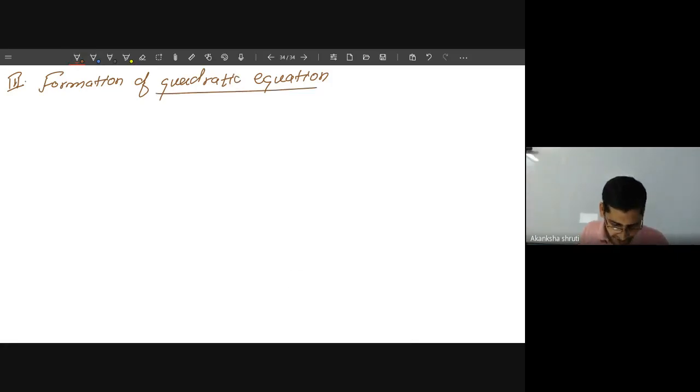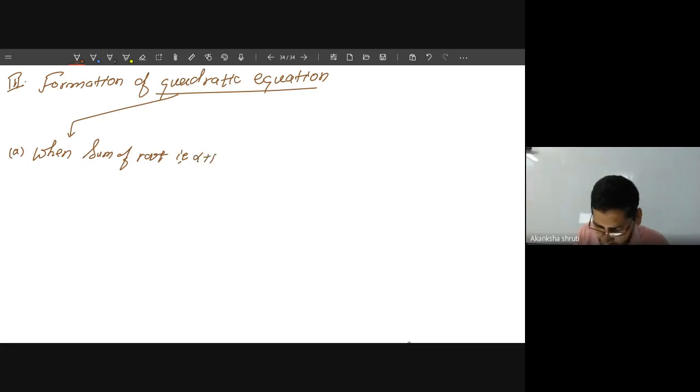So it is possible that the roots itself are given, or the sum of roots and product of roots are given. So the two situations arise when the sum of roots and product of roots are given, means what?